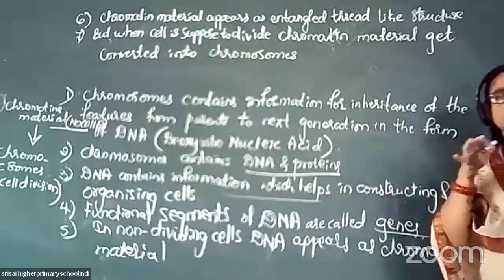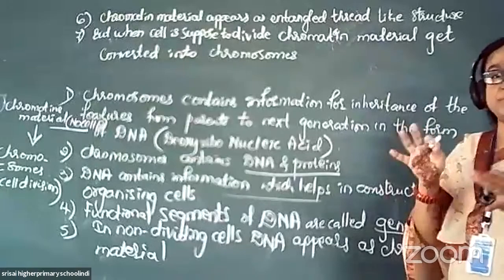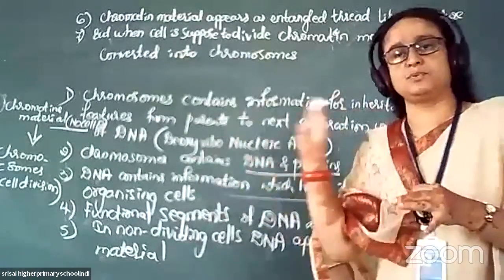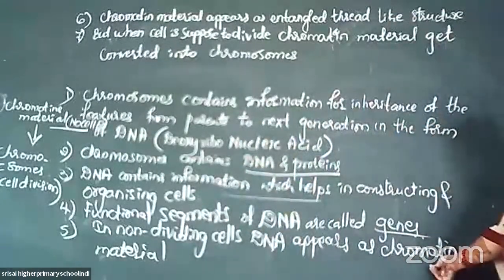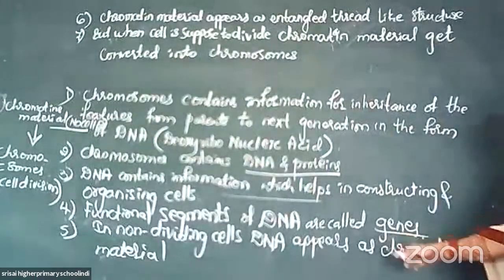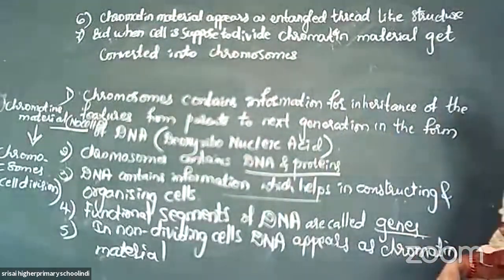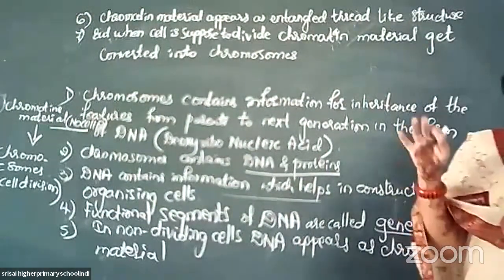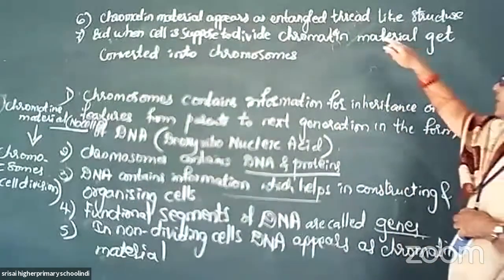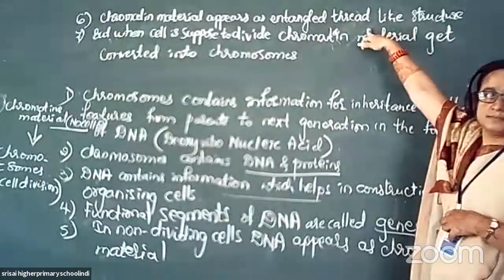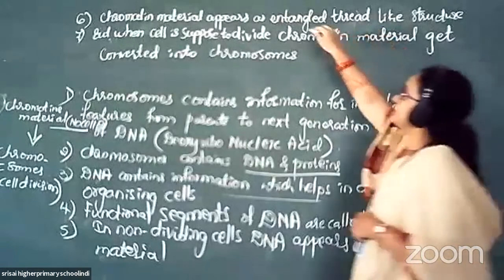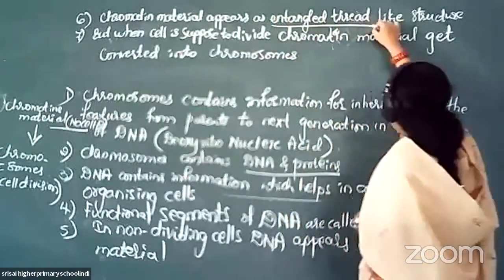Now, how does the chromosome appear when the cell is not supposed to divide? It appears as chromatin material. What is the shape of the chromatin material? Thread-like structure. This is most important. Just thread-like you shouldn't say.